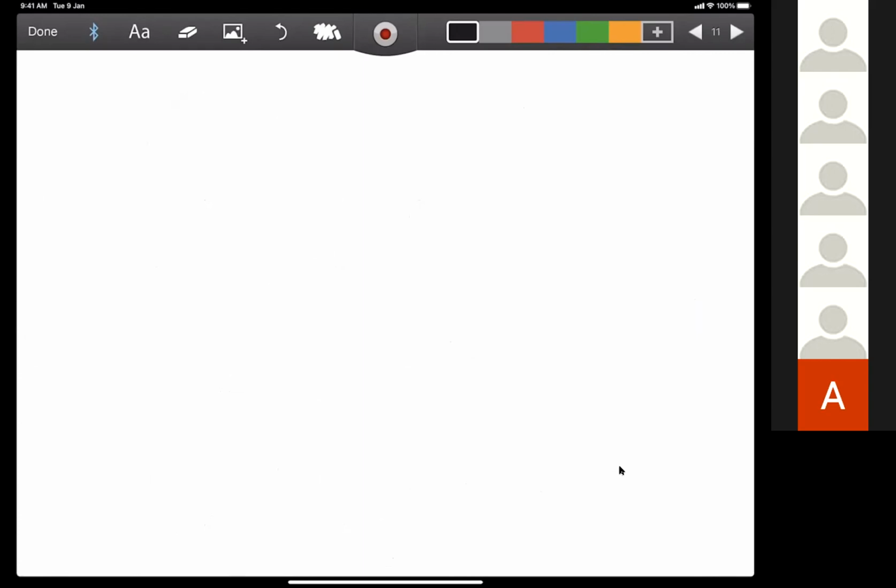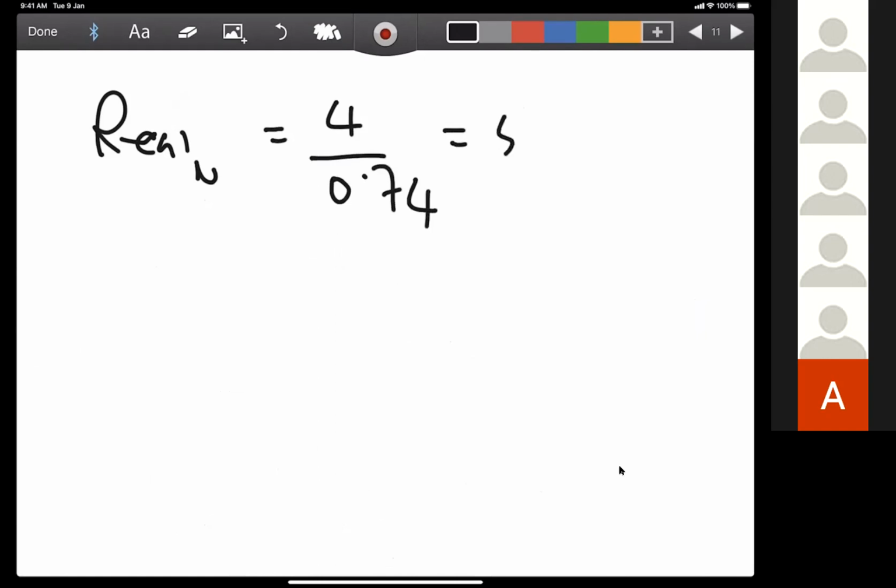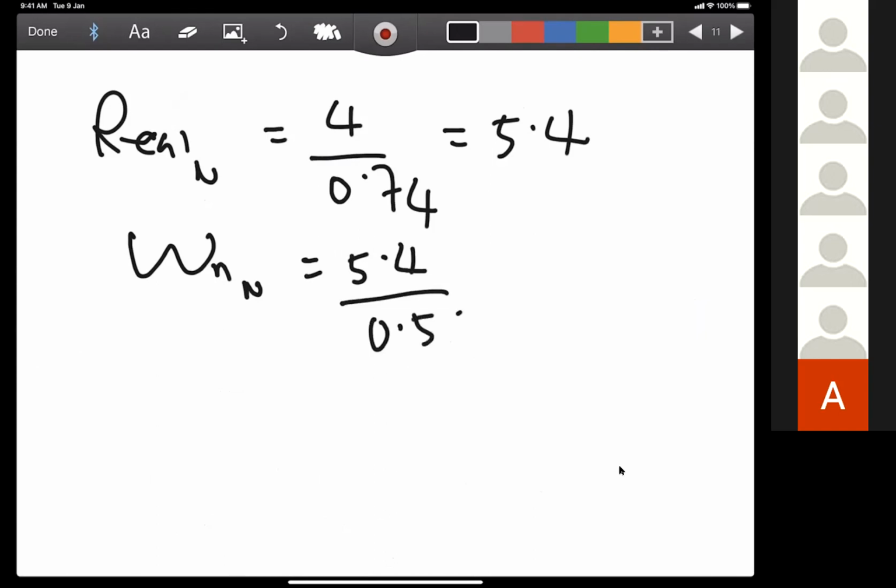And that will make the new real part 4 divided by 0.74, which is 5.4. Okay. And then the new omega n will be 5.4 divided by 0.59, which is 9.15 radian per second.